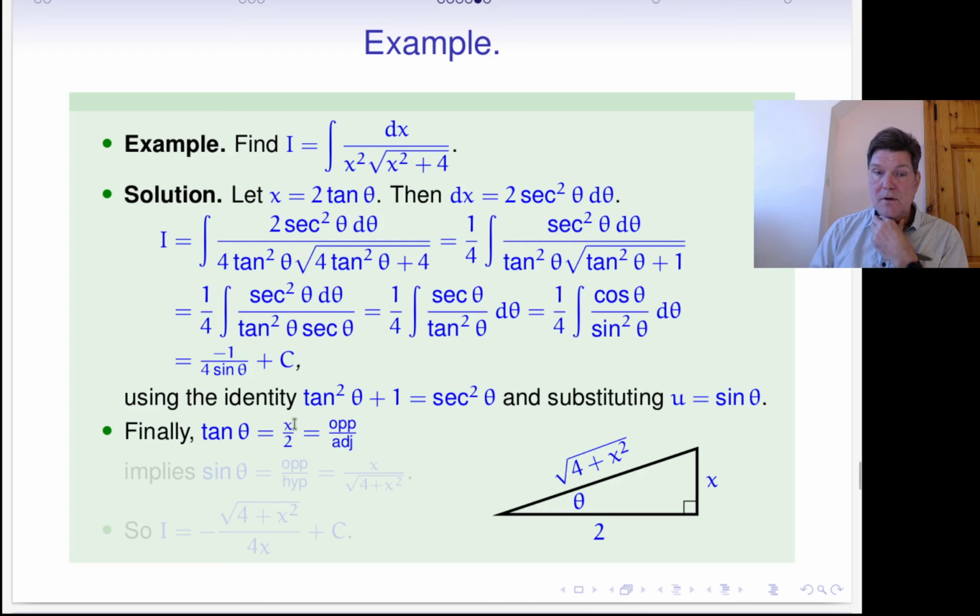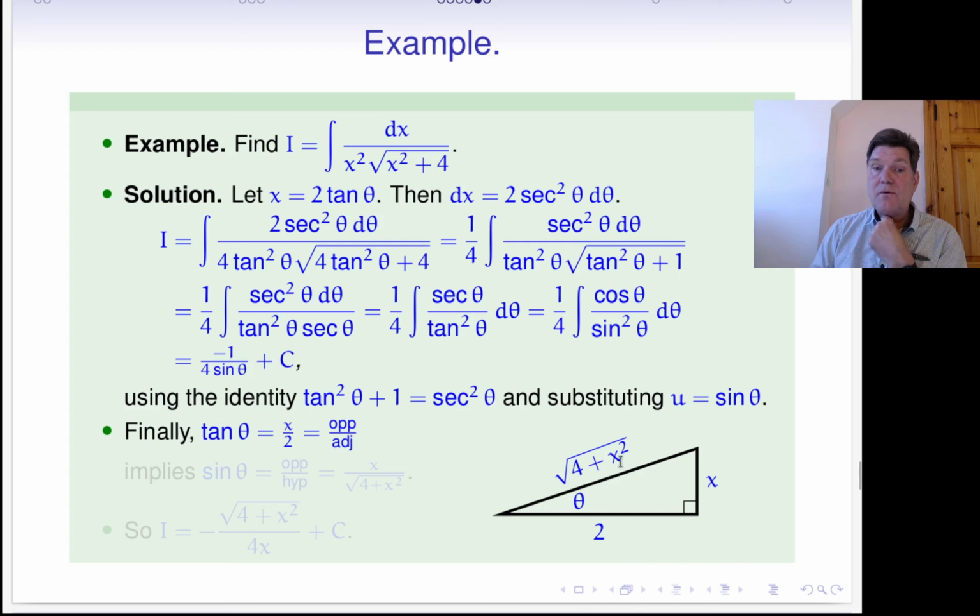So this allows us to label the opposite side with x and the adjacent side with 2. Pythagoras then makes the third side, the hypotenuse, the square root of the sum of the squares of the other side lengths.